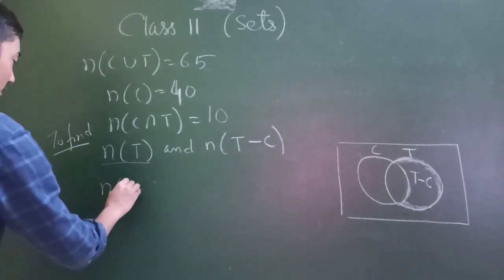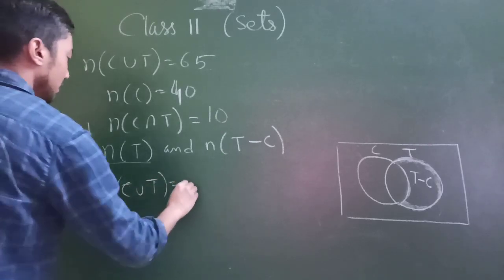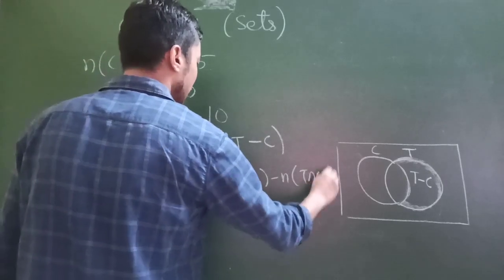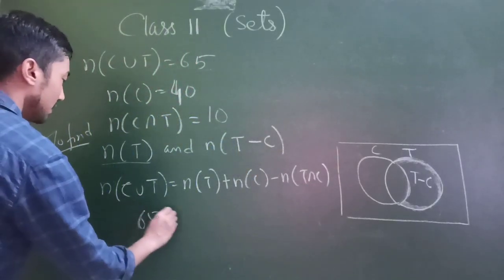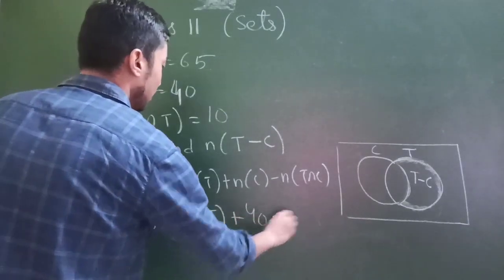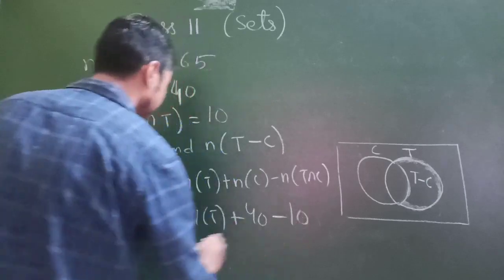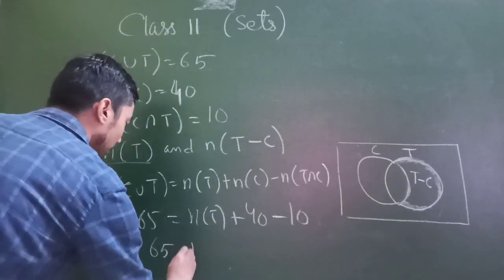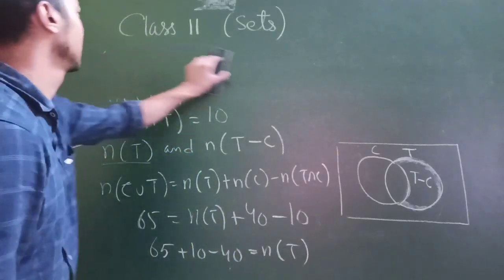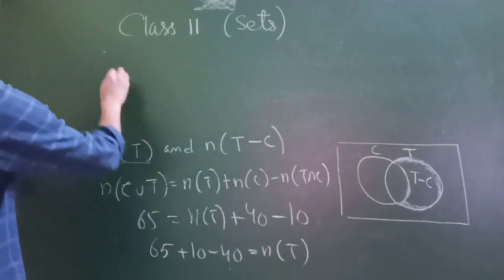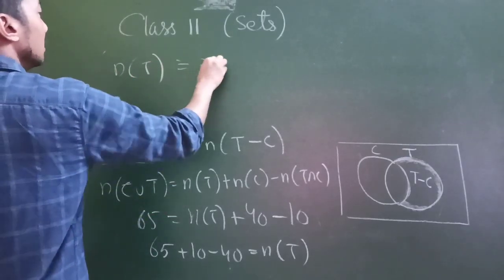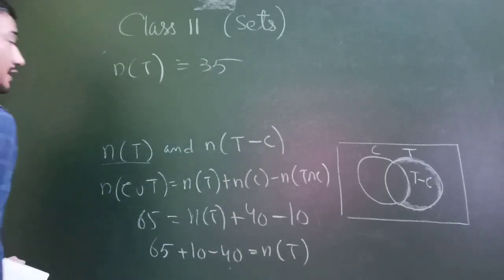We know that n of C union T is n of T plus n of C minus n of T intersection C. So n of C union T is 65, T we don't know, C is 40, intersection is 10. So 65 plus 10 minus 40 gives the people who like tennis. How many? 35. Fine, that's the number of people who like tennis.